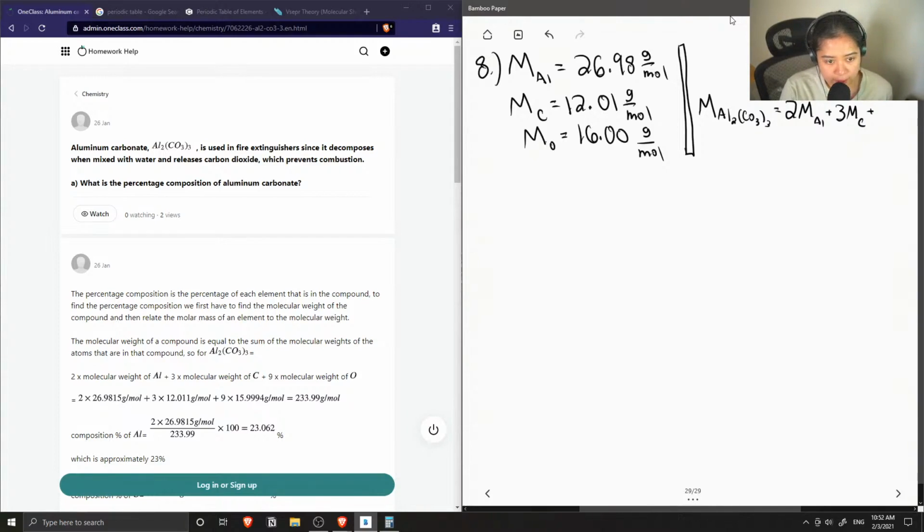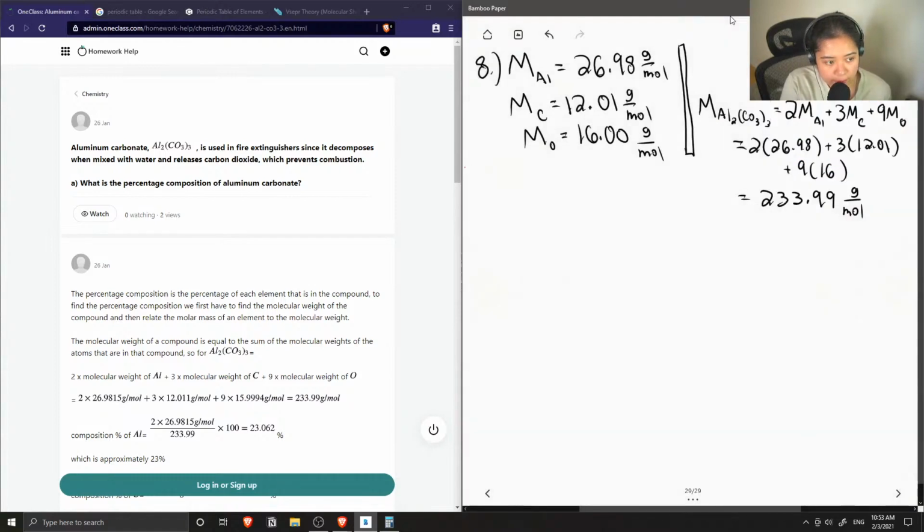So we have 9 times the molar mass of oxygen. And now we just need to plug in all the values that we found from the periodic table. Aluminum's was 26.98, carbon's is 12.01, and oxygen is 16. So the total molar mass of the entire compound is 233.99 grams per mole.